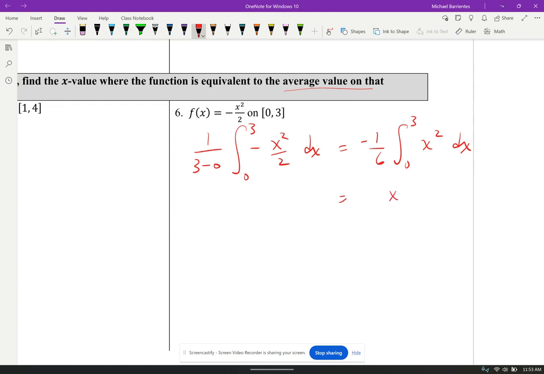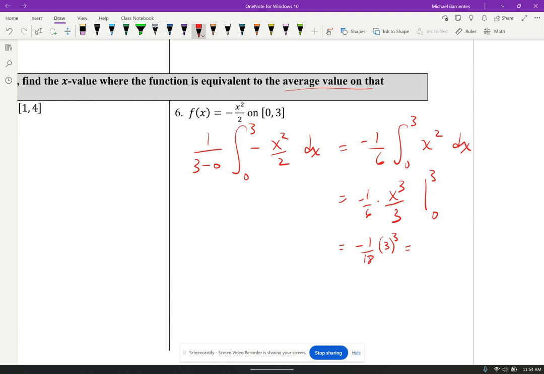The antiderivative is x to the third over 3 times the negative 1/6 that's in the front, and I'm going to evaluate that from 0 to 3, which really means I'm just going to plug in the 3, because when I substitute the 0 to do the second part of the fundamental theorem, that becomes 0. So then this is really negative 1/18, because I'm going to multiply those two, times 3 to the third.